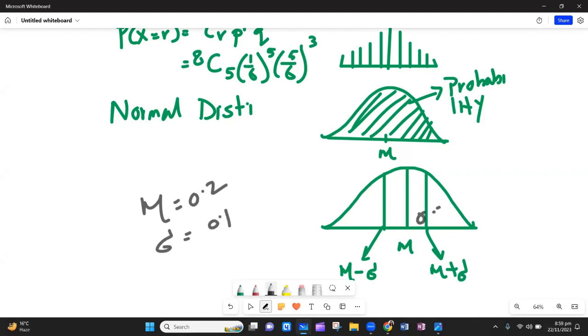So then this would be 0.3 and that would be 0.1. That's just a vague example. So in this region, within 1 standard deviation of the mean, almost 68% of all the distribution values lie within this region. Or you can say 2/3 of the data lies within this region.